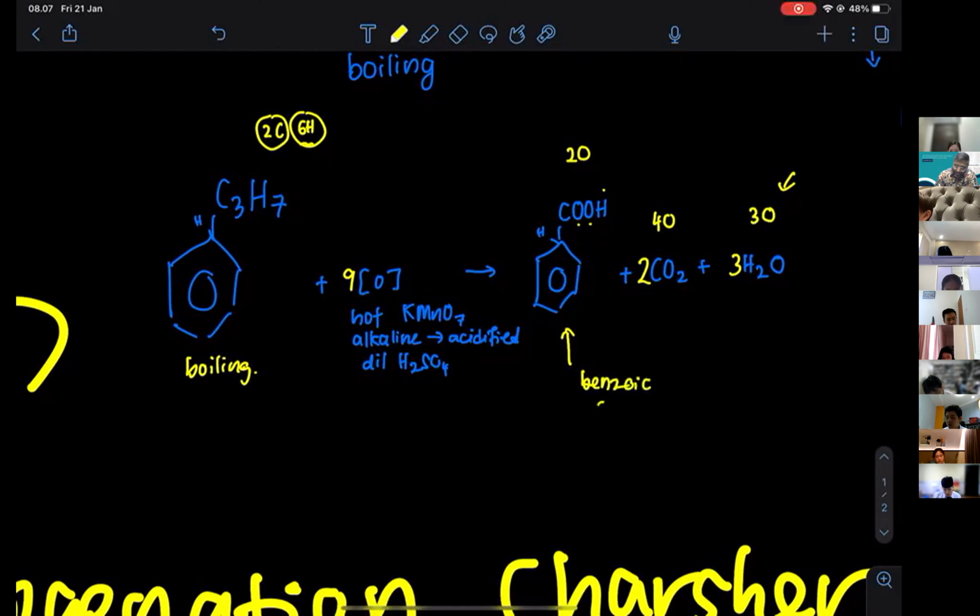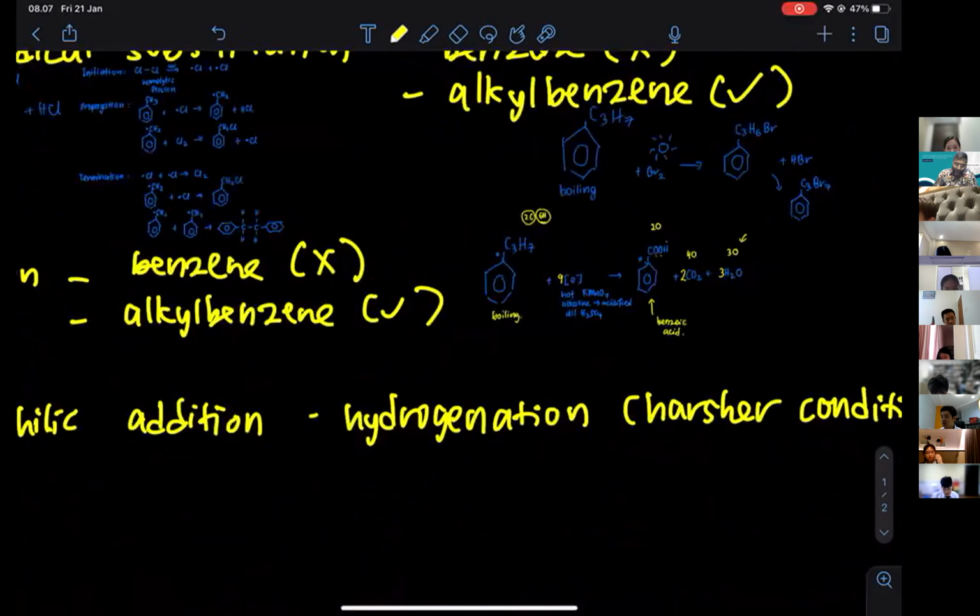If you have extra carbon, there must be carbon dioxide. They didn't specify it in the syllabus, but it's common sense. Oxidation will give you carbon dioxide. If not, where does the extra carbon disappear? They don't simply disappear. That is how you need to write the equation.